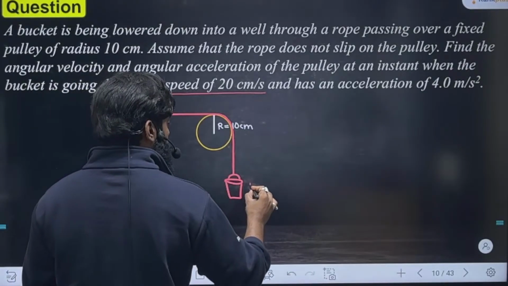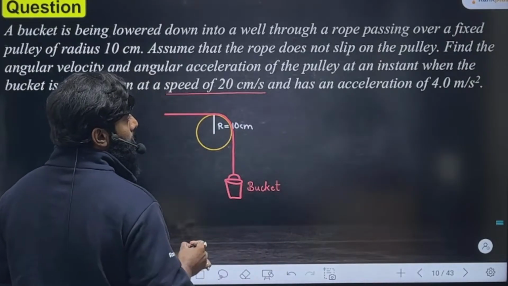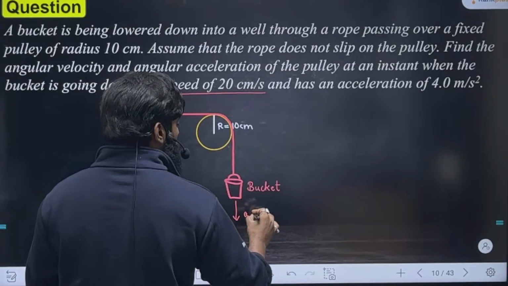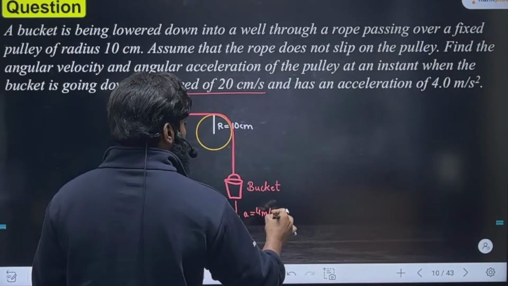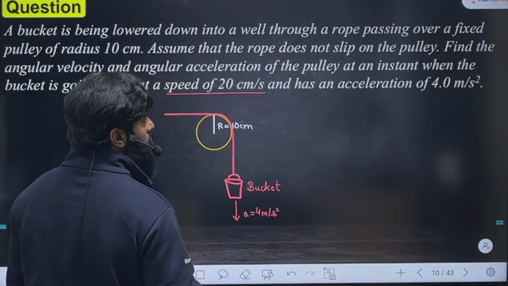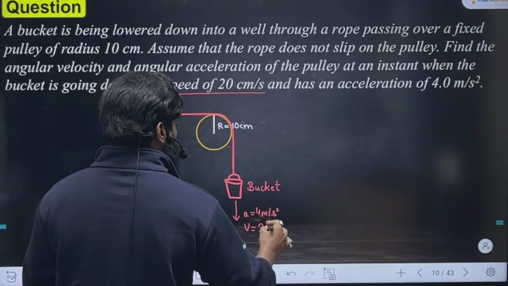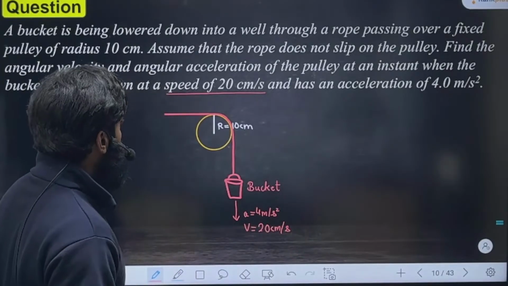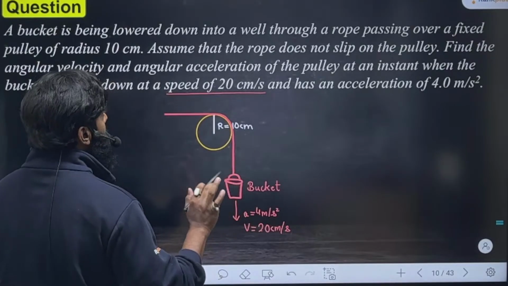This is the bucket we are having. And this bucket is moving with an acceleration of 4 meter per second square. The speed is 20 centimeter per second. Okay, now everything is clear.